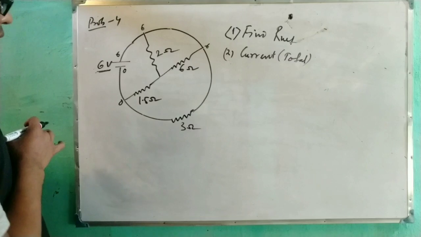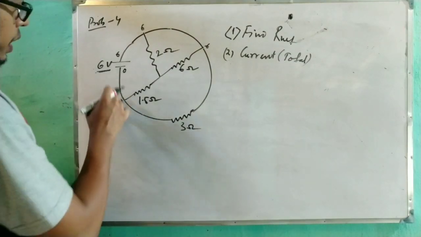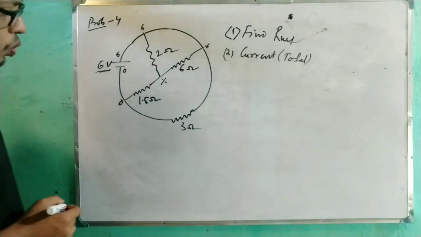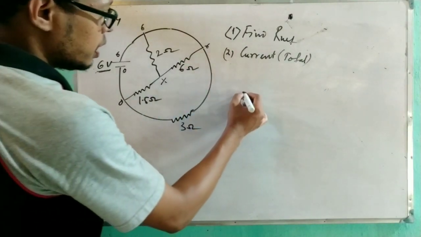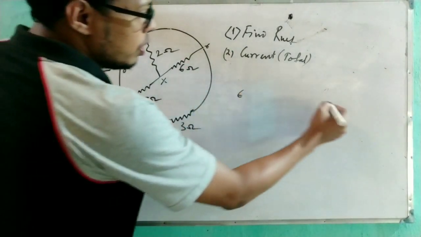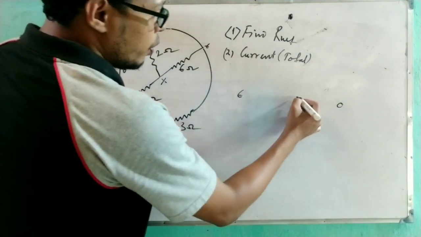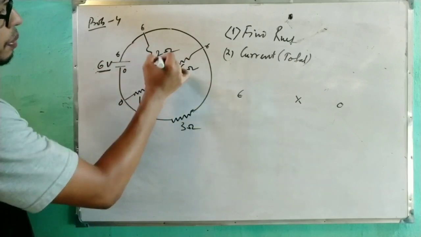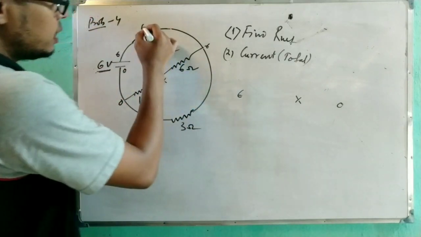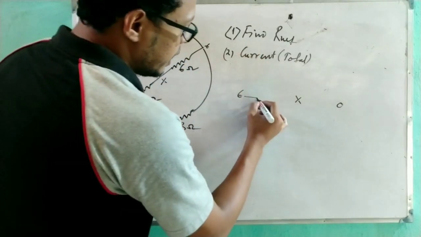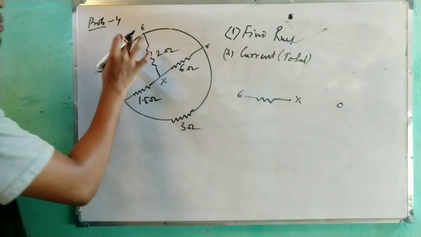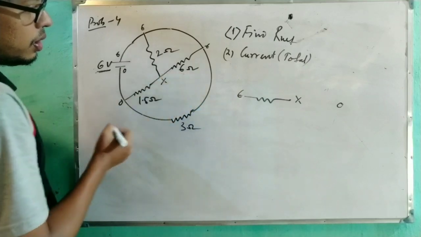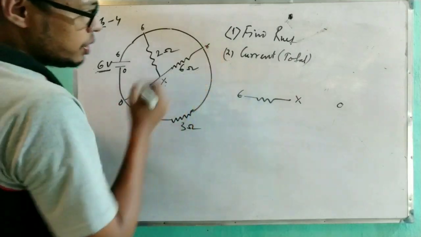Now we got how many points? 6, 0. Here I am suppose X I am taking. So we got the points 6, 0 and 1 point which is X. Now this resistance is connected in between 6 and X. You can give the name A and B also. Now this 6 is connected in between X and 6.